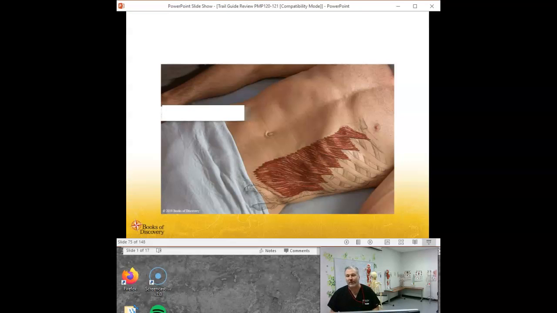Let me ask you one more question. If this muscle works unilaterally, meaning if it only works on one side, if it contracts, what kind of action is it going to create?